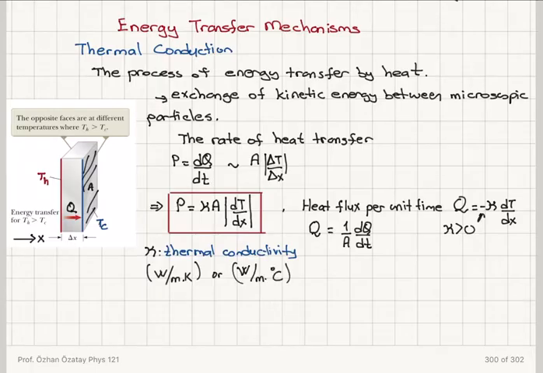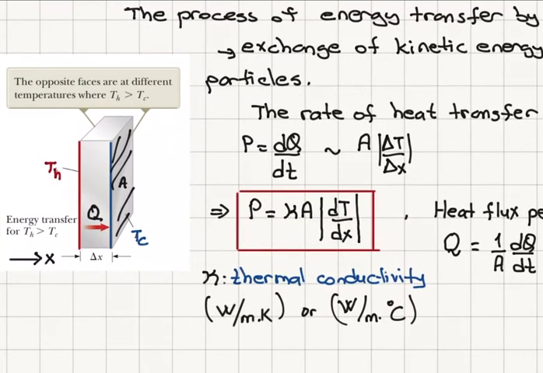So that's the situation when we have a single material that is sandwiched in between two energy reservoirs, a hot reservoir and a cold reservoir, so that these two sides are kept at constant temperatures. There is a continuous flow of heat, and I have to distinguish between heat and flux here.